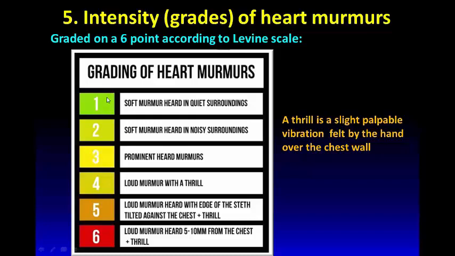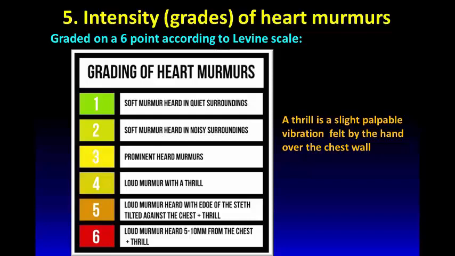So grade 1 or grade 1 over 6 murmurs, these are soft murmurs which are heard only in quiet surroundings. Grade 2 over 6 murmurs are louder than grade 1 murmurs, and are soft murmurs which can be heard in noisy surroundings.